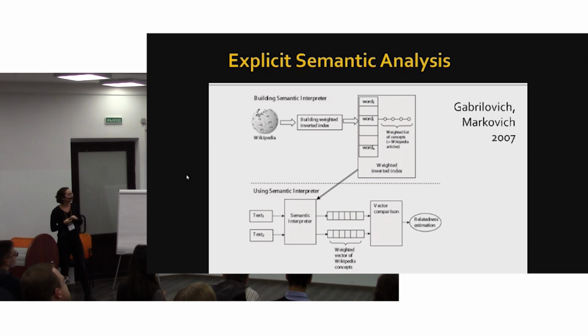When we have a text, we can find in this inverted index the vectors for each word in the text, and using a weighted sum, obtain one vector for the whole text. Once we have a vector representing the text, we can, for example, compute the cosine value between the vectors and get a relatedness value.